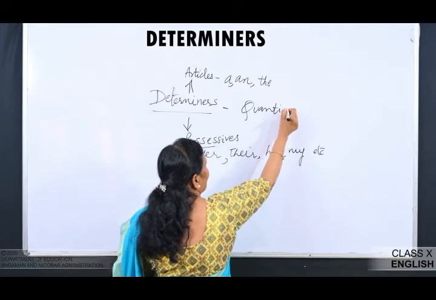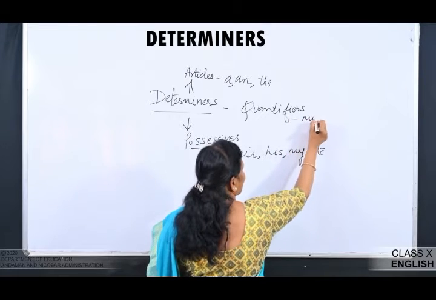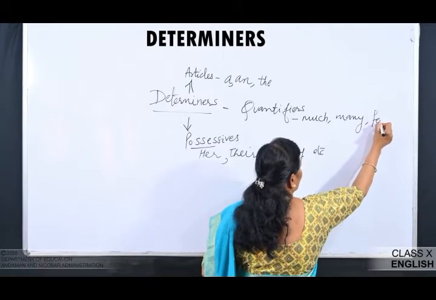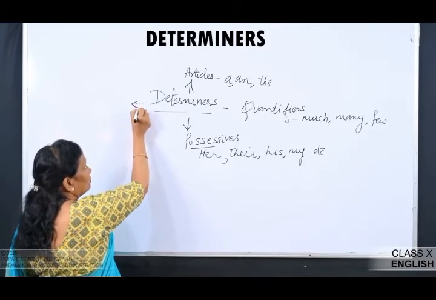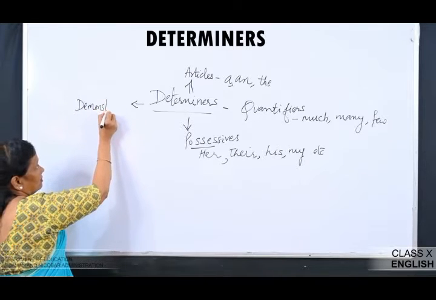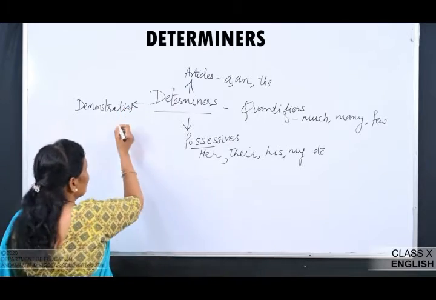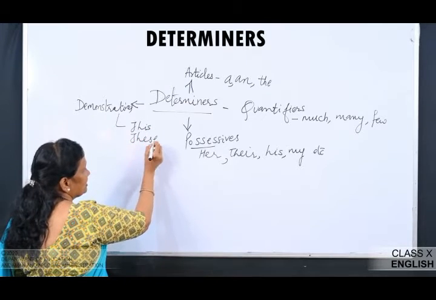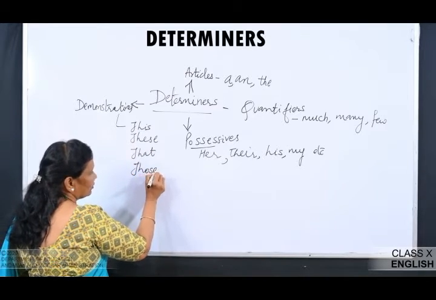And here, quantifiers, or words that talk about quantity. You can say much, many, few, etc. And also demonstratives: this, these, that and those.